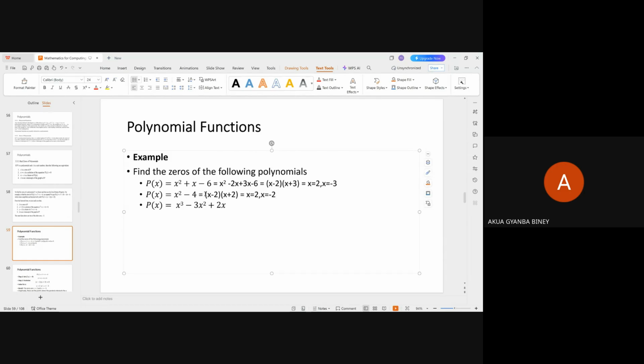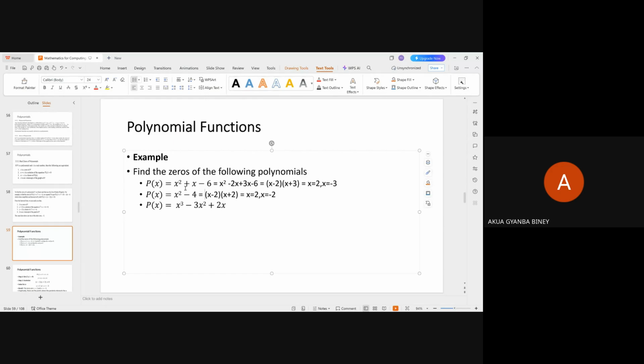He needs a step, but you can still factorize. If you are to do this, the two numbers that when you multiply, you get minus 4, and when you put them together, you get nothing, because you can see there is no x there.